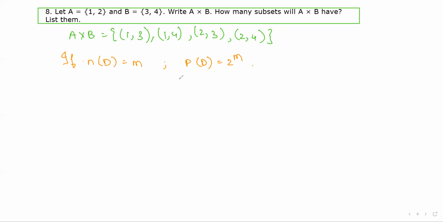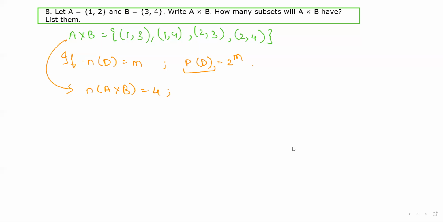What does this mean? The power set of D includes all the possible subsets of D. You have to find how many subsets this will have. Using the same formula, the number of elements in A cross B is equal to 4.